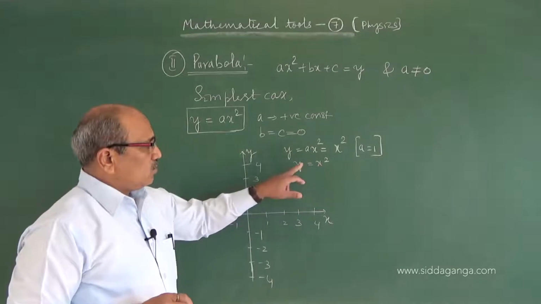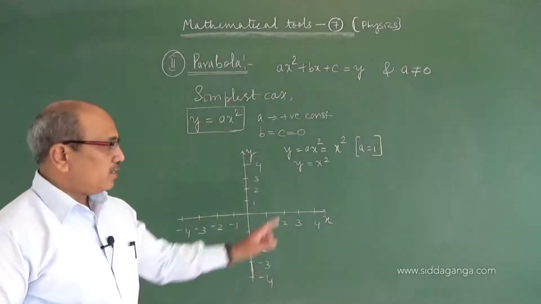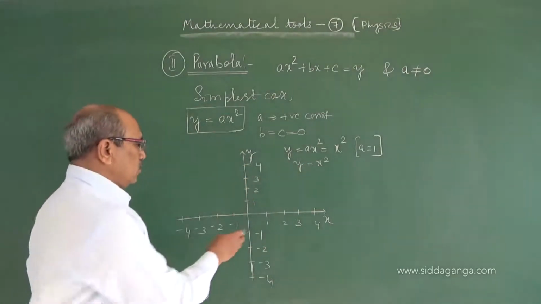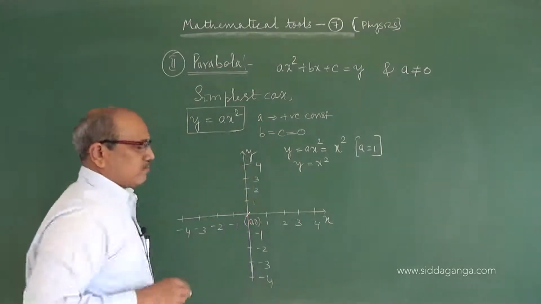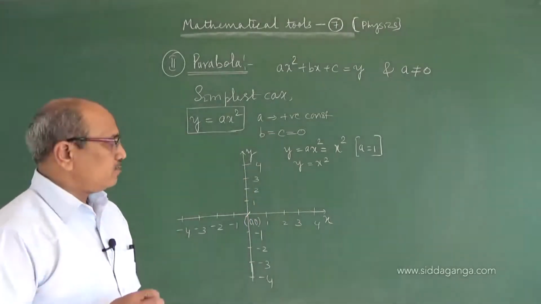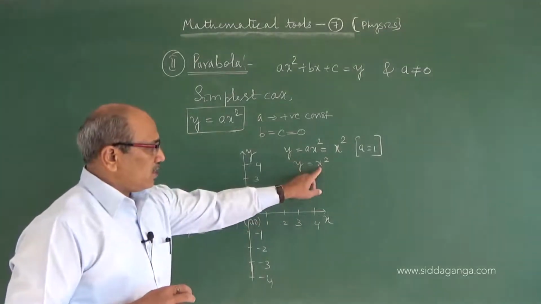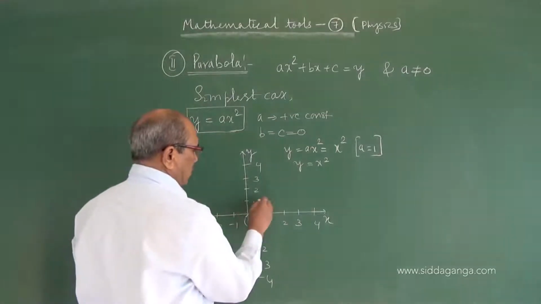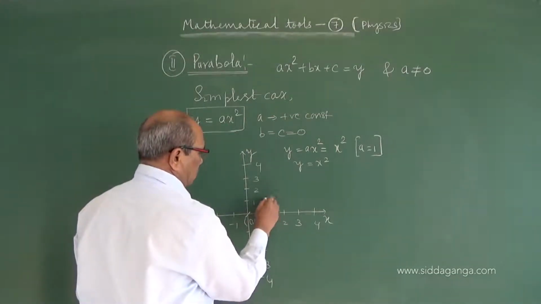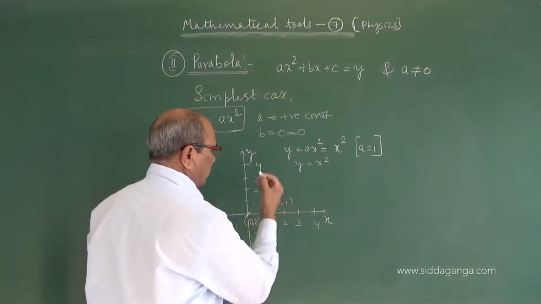If you put x equal to 0, y is 0. You got the point 0, 0 here. One point I got. Put x equal to 1, y is 1, since x square is 1. Therefore, this is the coordinate 1, 1.